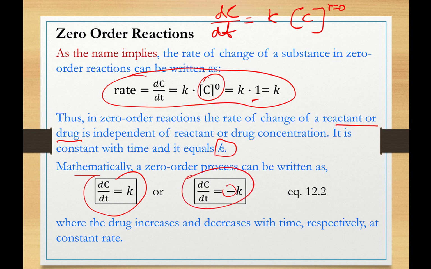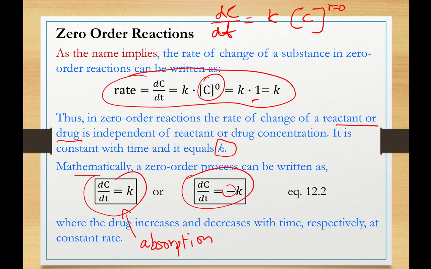Now, when do we have zero-order process? In our body, we rarely have zero-order process, but in certain cases, especially when the pathways are saturated, we may experience zero-order processes. For an increasing rate, for example, that could be drug absorption.